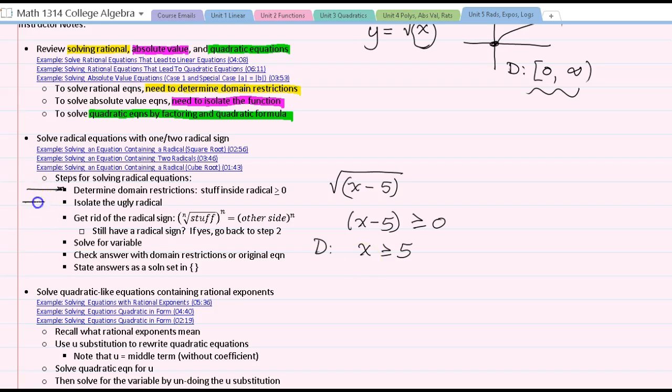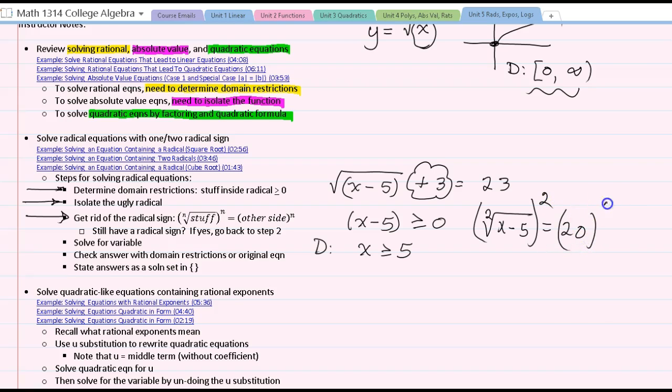The next thing we need to do is isolate the radical. So if I had plus 3 is equal to 23, the first thing I need to do is get rid of this 3, and I'll have the cube root of x minus 5 is equal to 20. Once we've isolated the radical, we need to get rid of the radical sign. If this is a square root, I am going to square both sides.